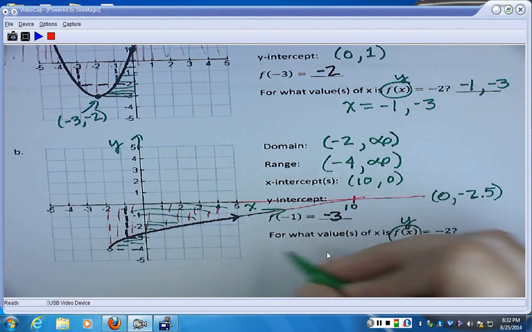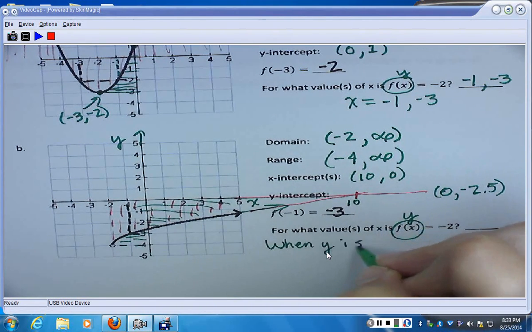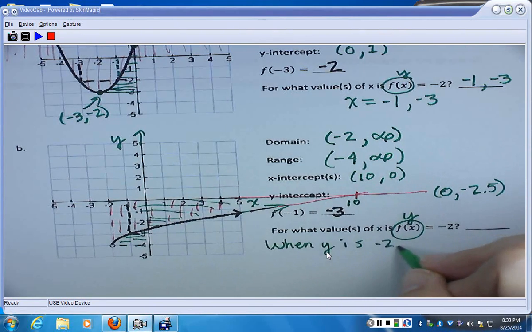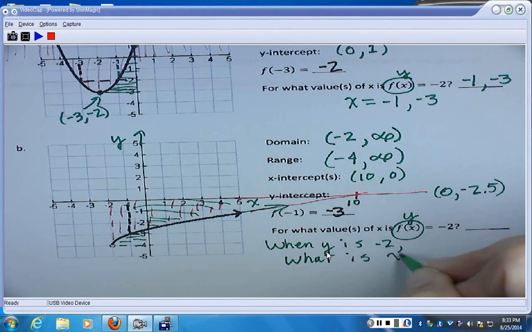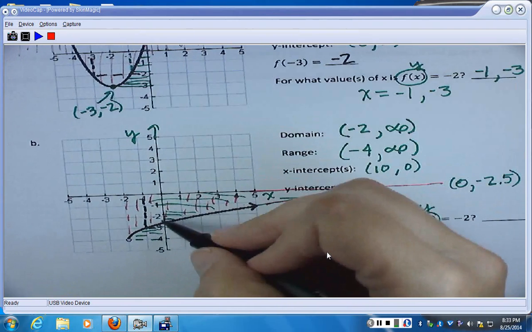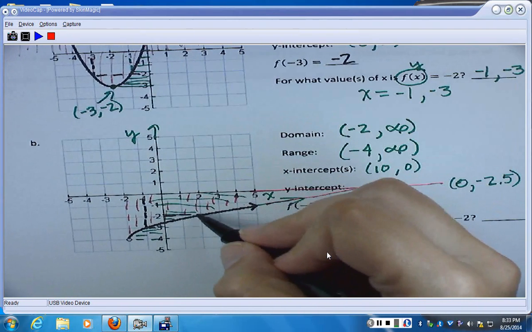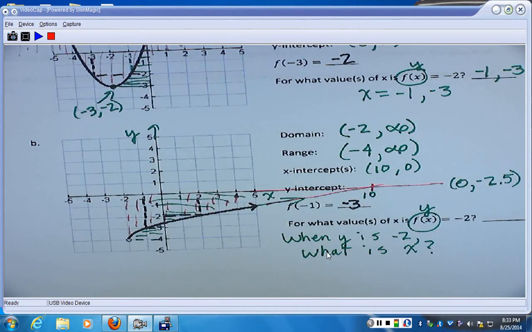So when y is negative 2, what is x? You can do it in your head, or you can write it down. When y is negative 2, what is x? It is about 2. So that's 2.